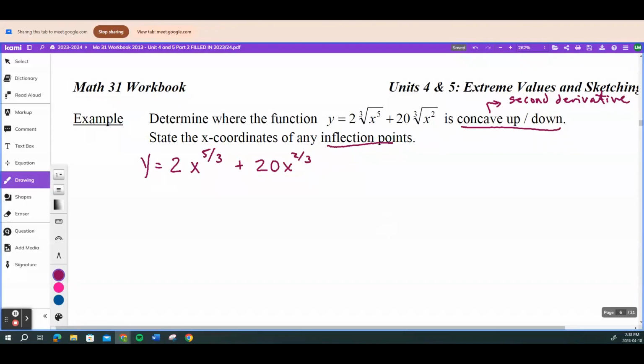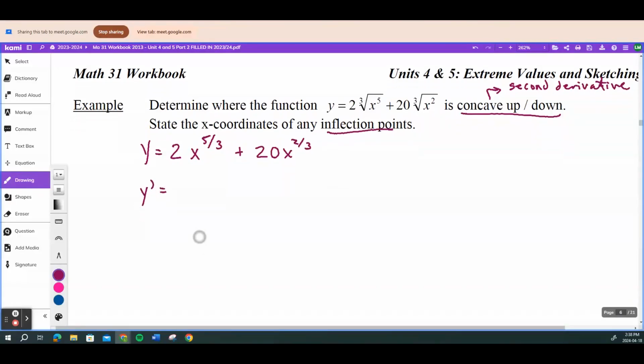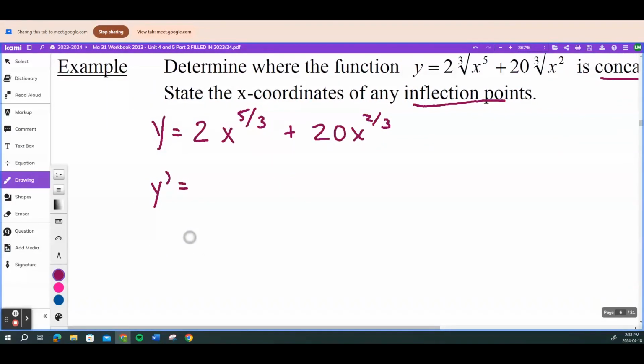And now we can use this to find our first derivative. So y prime is equal to, 2 times 5 over 3 gives us 10 over 3 x, and then 5 divided by 3 minus 3 over 3 gives us 2 over 3.